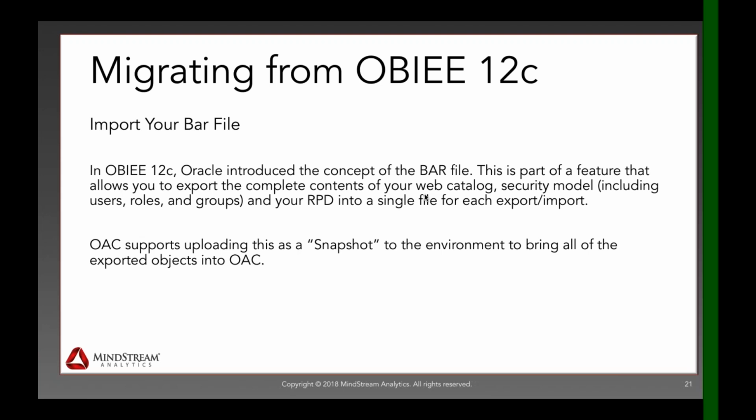OAC can take advantage of that because it can consume that same BAR file and upload it as a snapshot. That brings all of those things into OAC: the web catalog, the repository, all your reports, dashboards, subject areas, and your security model, including users, roles, and groups. All of that is made available in OAC just through that process.